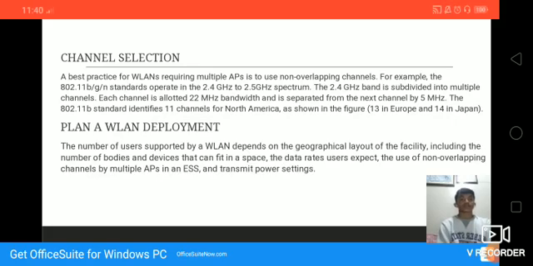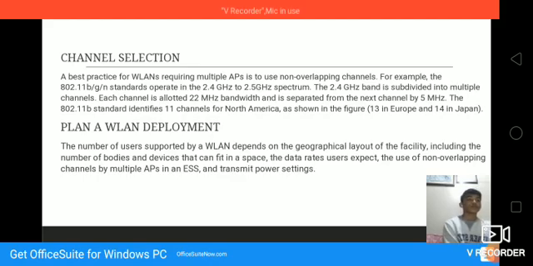Channel selection. A best practice for a WLAN requiring multiple APs is to use non-overlapping channels. For example, the 802.11b/g/n standards operate in the 2.4 GHz to 2.5 GHz spectrum.